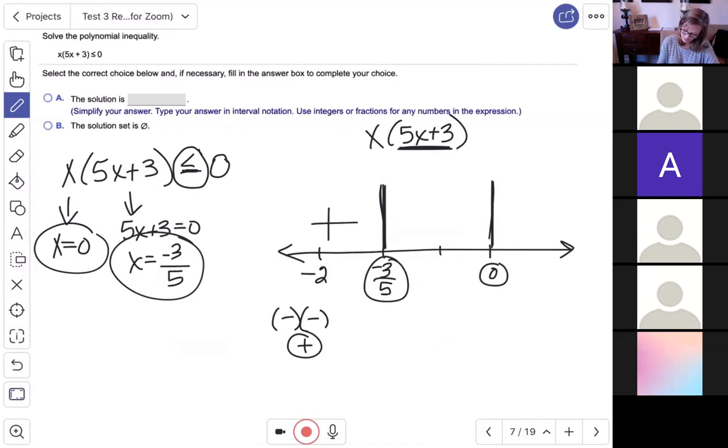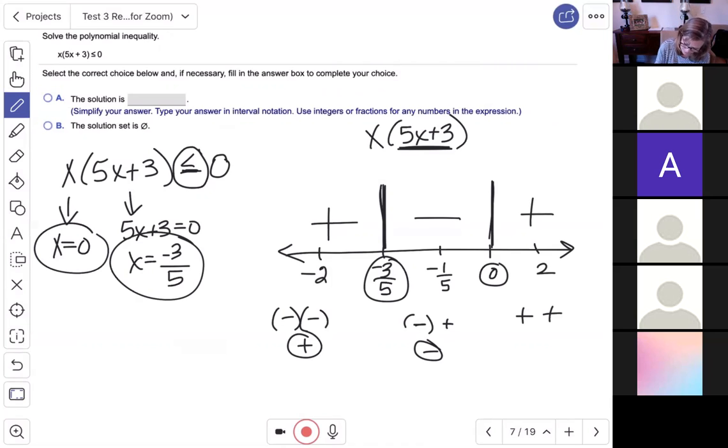Over here, if you pick something, this is a little bit harder because there's not a whole number, but anything smaller than -3/5, you could do -1/5 or -2/5. If you plug it in, for x you get -1/5. And then 5 times -1/5 is -1 plus 3, positive. So negative times positive, negative. And then finally, if we pick 2, you get positive and positive.